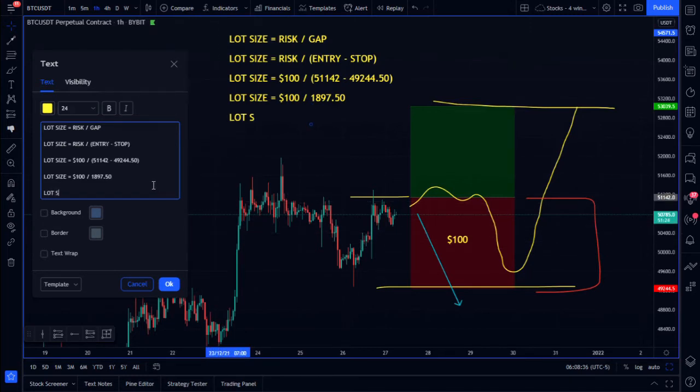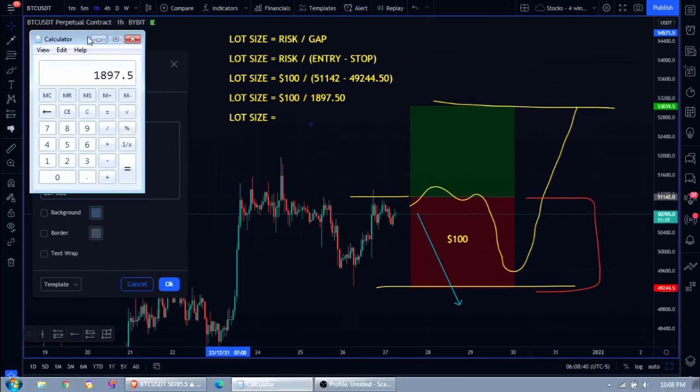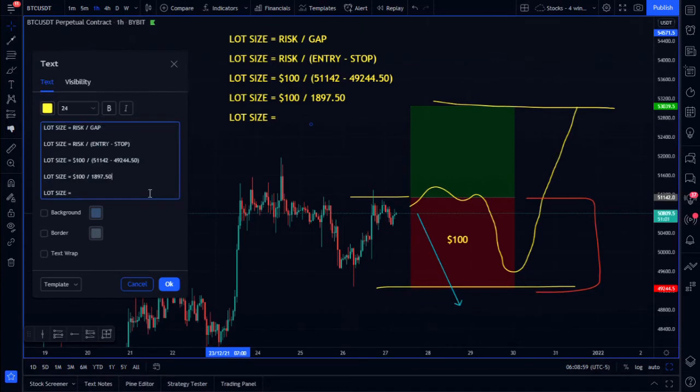Alright, let's continue. So lot size equals, bring that calculator back, 100 divided by 1897.50, 0.052, now let's just round off to 3 decimal places, so 0.053 BTC.